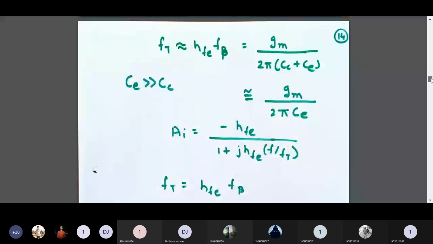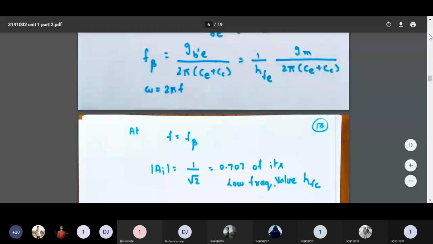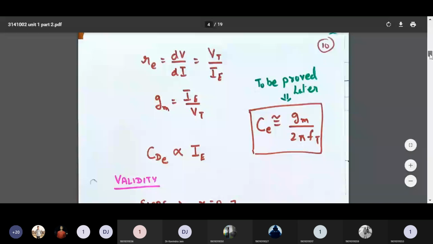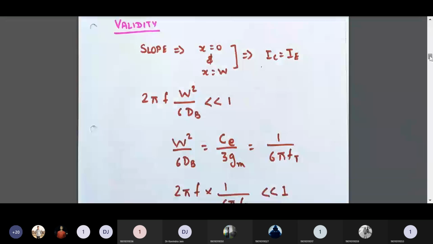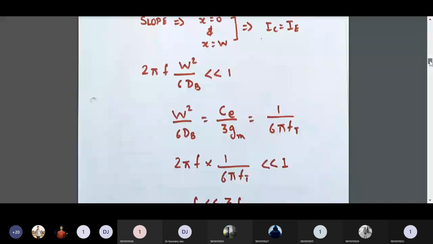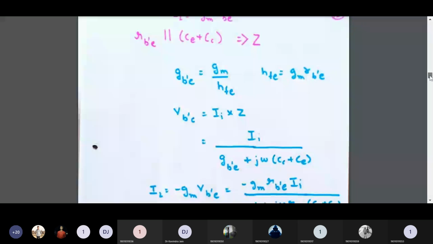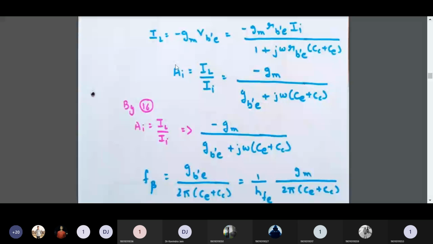Just wait a minute. Yes, so we have got this AI, which is nothing but IL upon II, which is nothing but minus gm divided by gb'e plus j omega (Ce plus Cc).